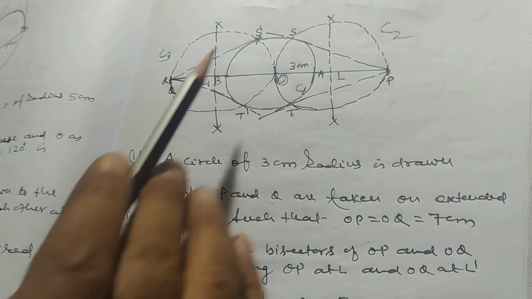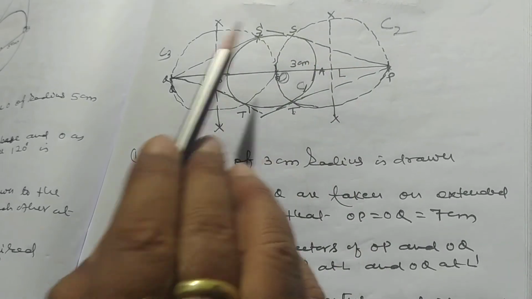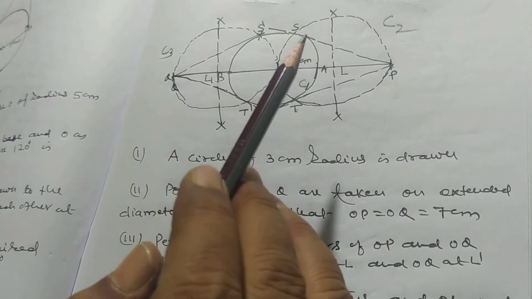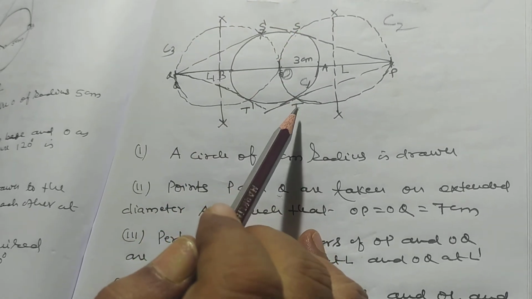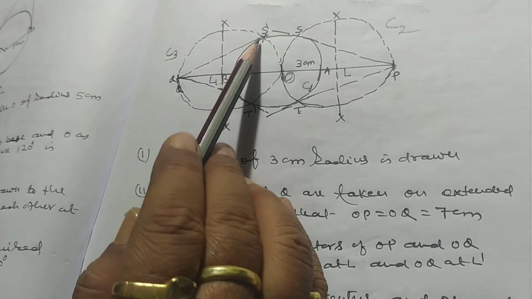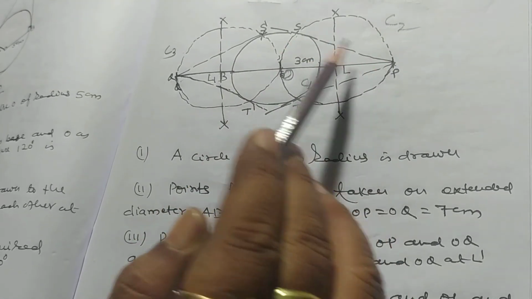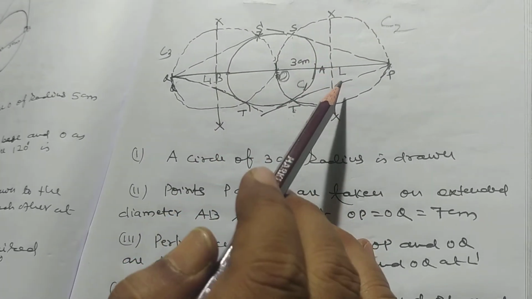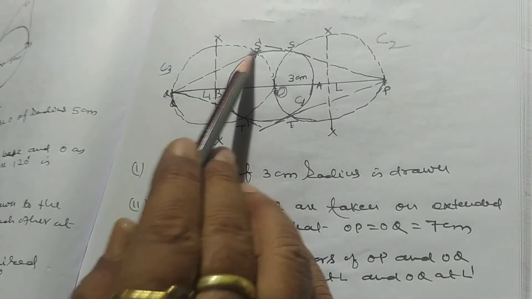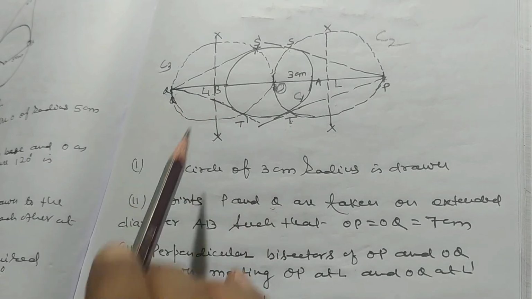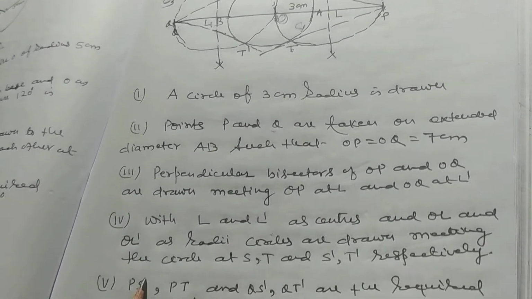So what do you observe? This circle C2 and C3 both intersect the circle C1. Circle C2 intersects at the points S and T, and circle C3 intersects at the points S dash and T dash. So when you join PS and PT, we have 2 tangents, and also when we join QS dash and QT dash, we have also 2 tangents, and the lengths of the tangents are equal.